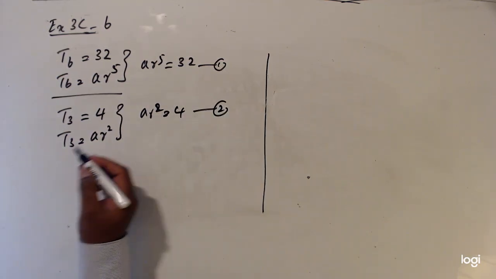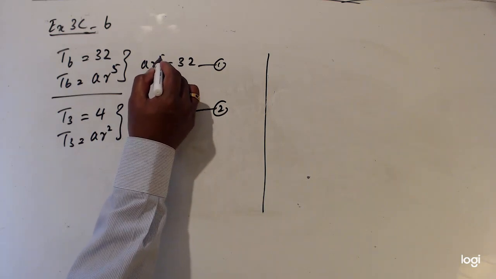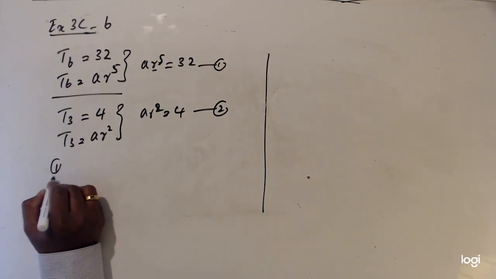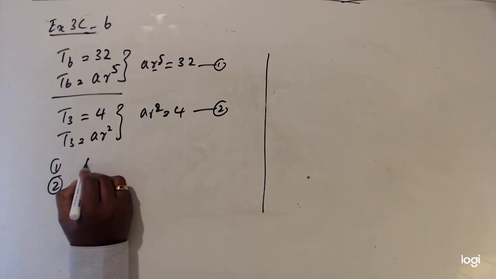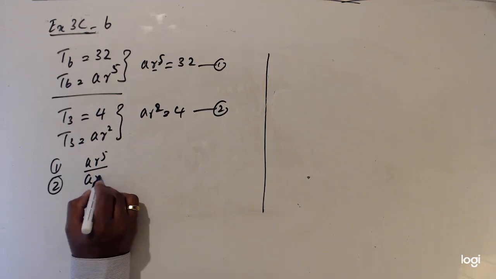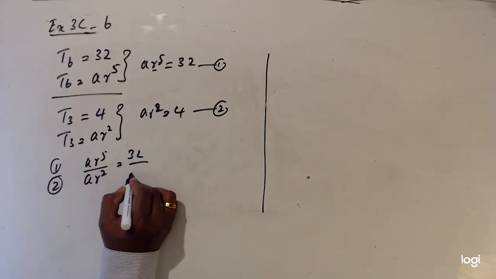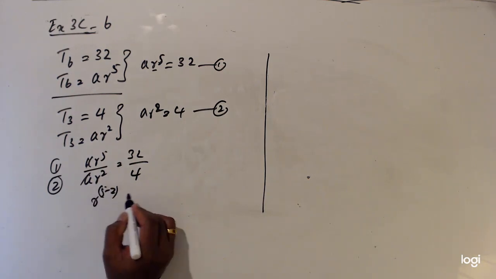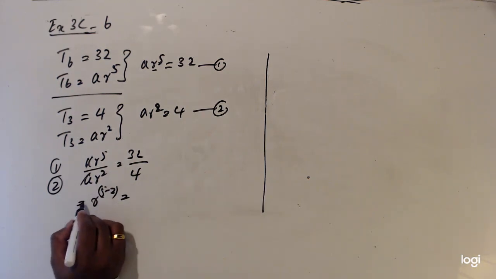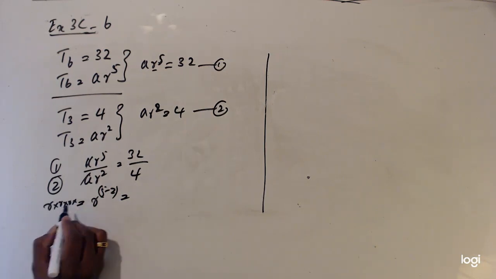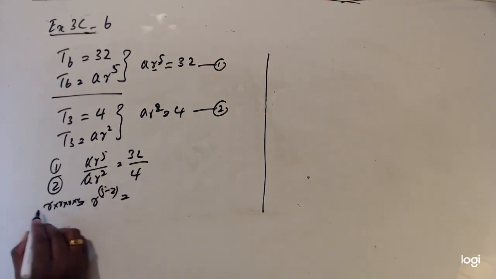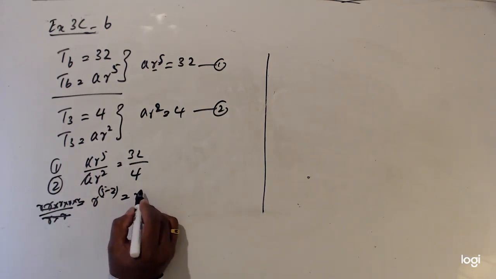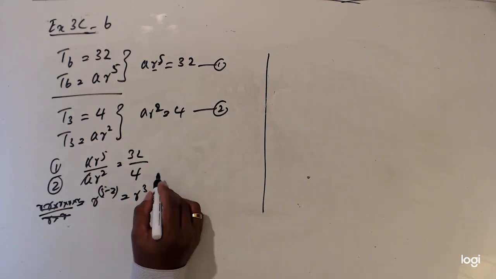So then AR^5 is the bigger power, because of that I will put it on top. So AR^5 divided by AR^2 equals 32 divided by 4. A and A cancel out. R to the power 5 minus 2, or 5 R's (1, 2, 3, 4, 5) divided by 2 R's, is R cubed, equals 8.